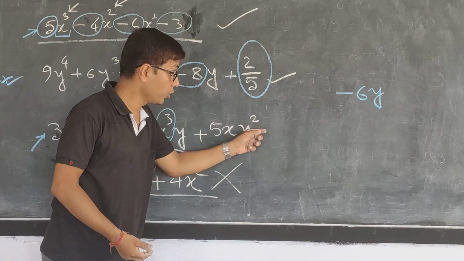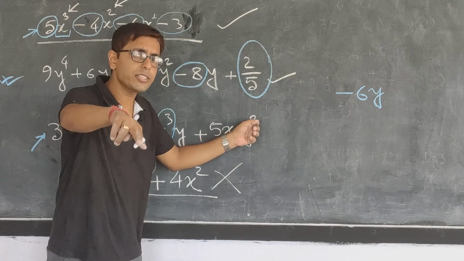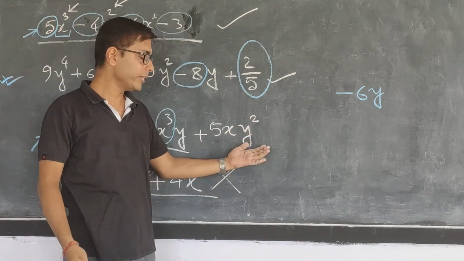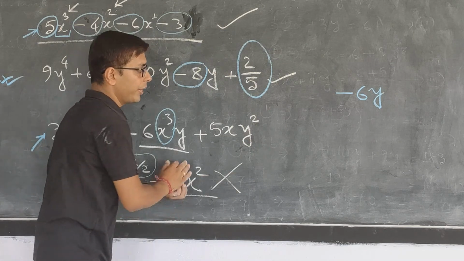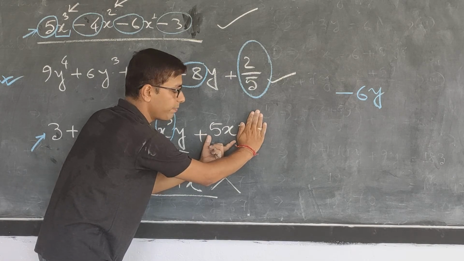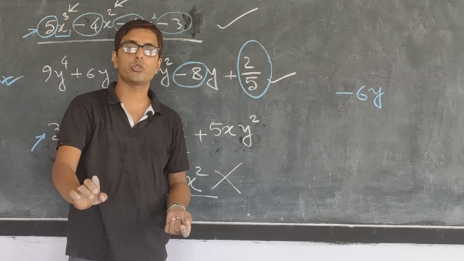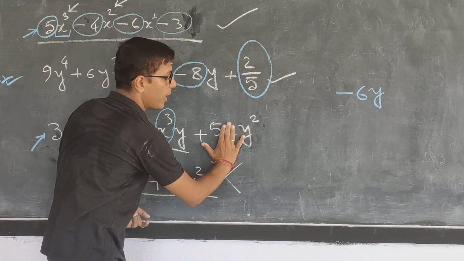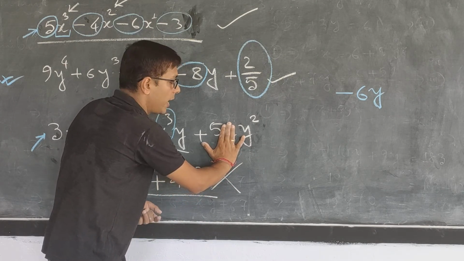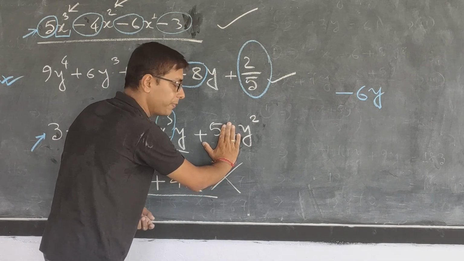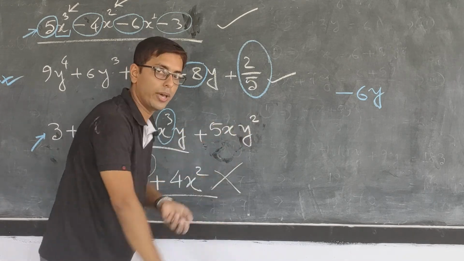If I ask you what is the coefficient of y square? Excluding y square, whatever is there is called the coefficient of y square. That is 5x. If I ask you what is the coefficient of x only, excluding x, whatever is there is the coefficient. That is 5y square. Clear?